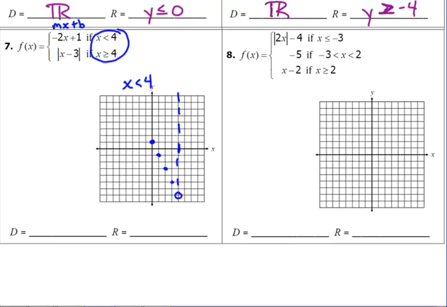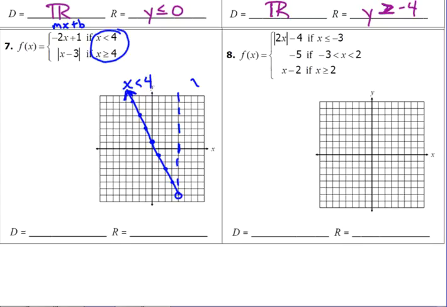Okay, open circle right here. Now, I could have most definitely used my calculator to graph this, but I just wanted to review the fact that we should know how to graph a line if we have the equation of the line using the slope and the y-intercept. So this is what the left side of my function looks like.